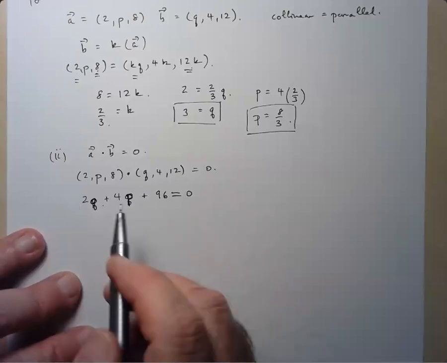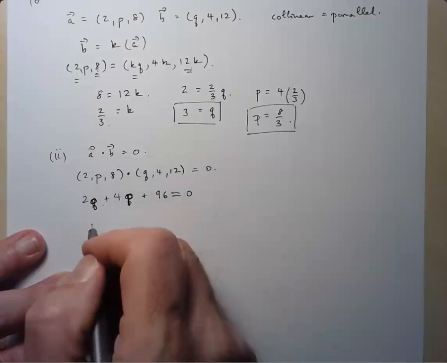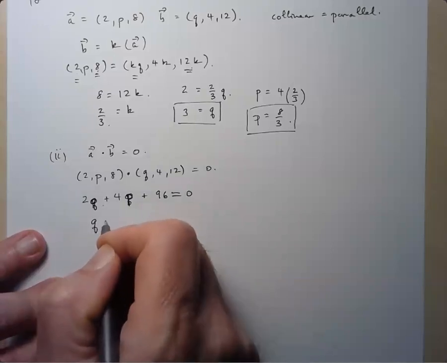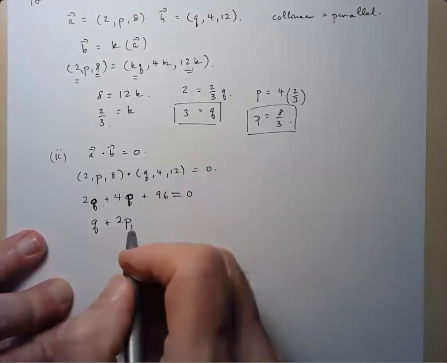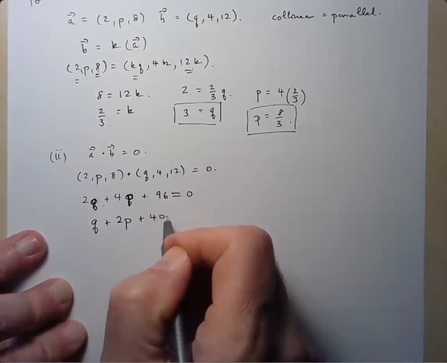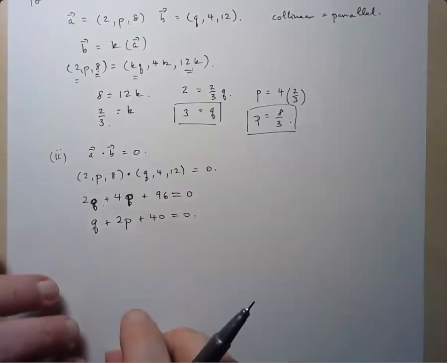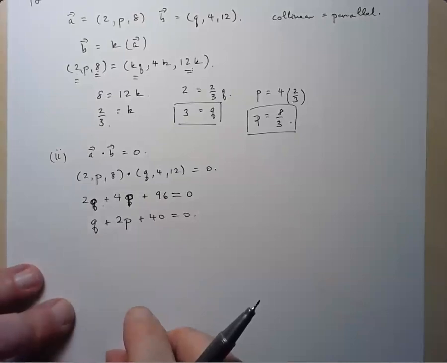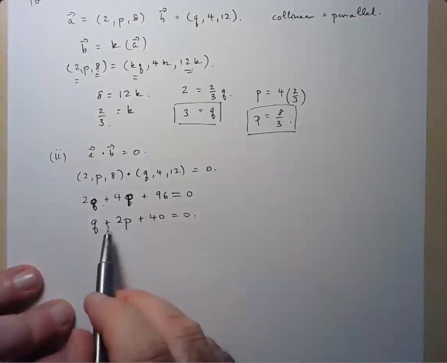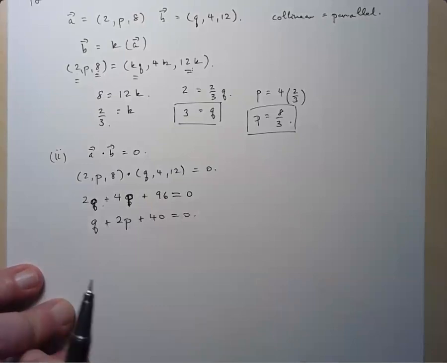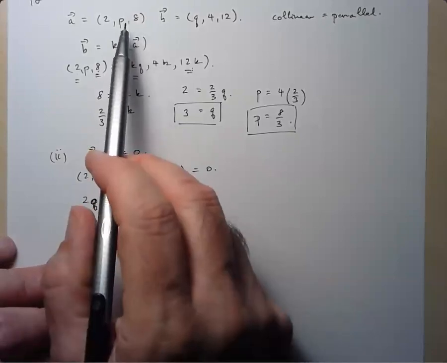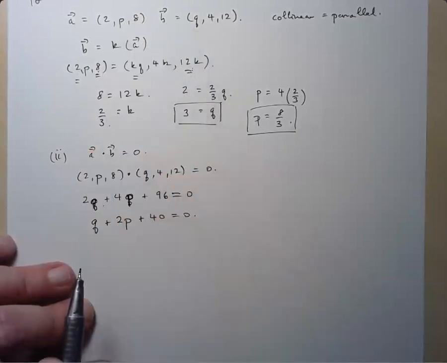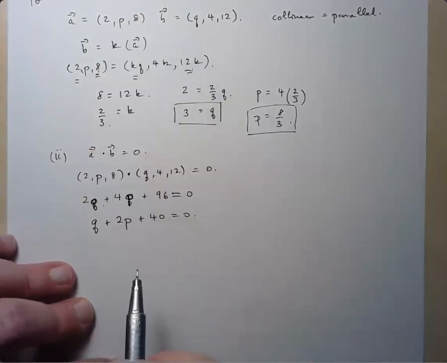Now let's clean this up a little bit. Let's divide both sides by 2. So q plus 2p plus 48 has to be equal to 0. So essentially all the q's and p's that satisfy this equation will produce perpendicular vectors. And clearly there's infinitely many of these.